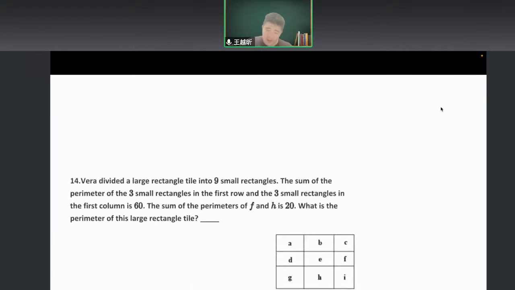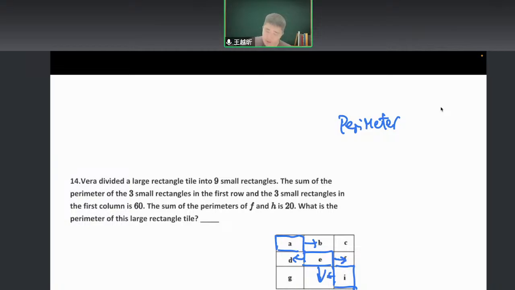Okay, this is about the perimeters. The question is not very difficult. All you need to know is, for example, if I know the sum of perimeters of these three, I can push the sides to the perimeter of the big rectangle.